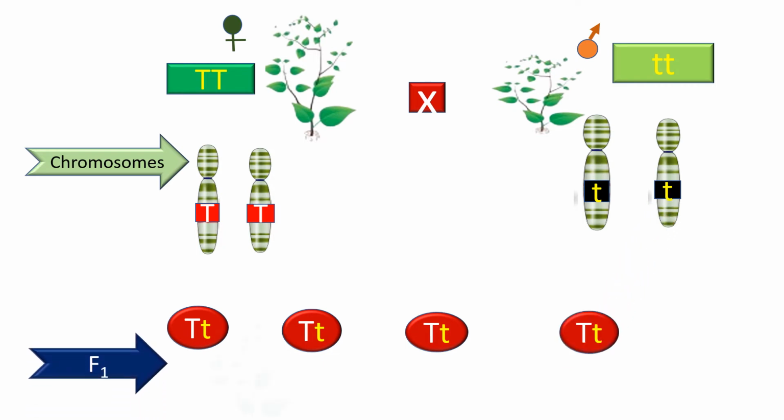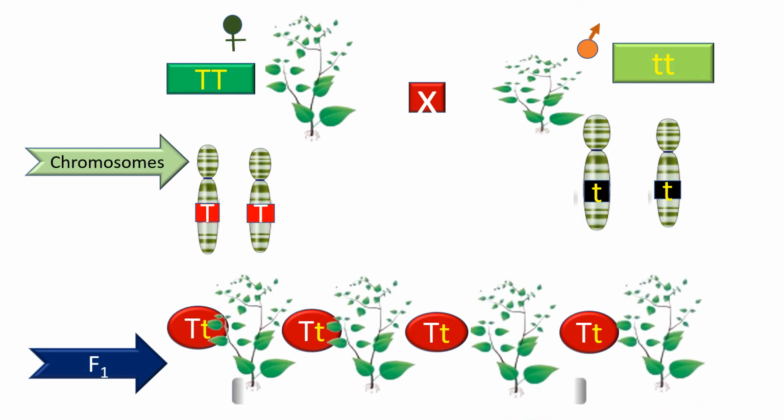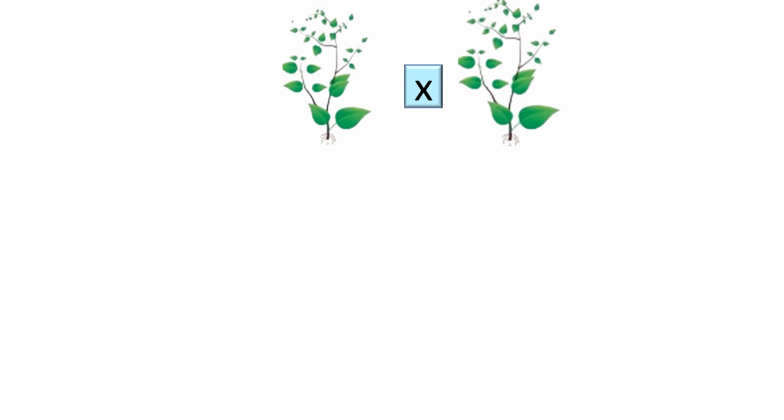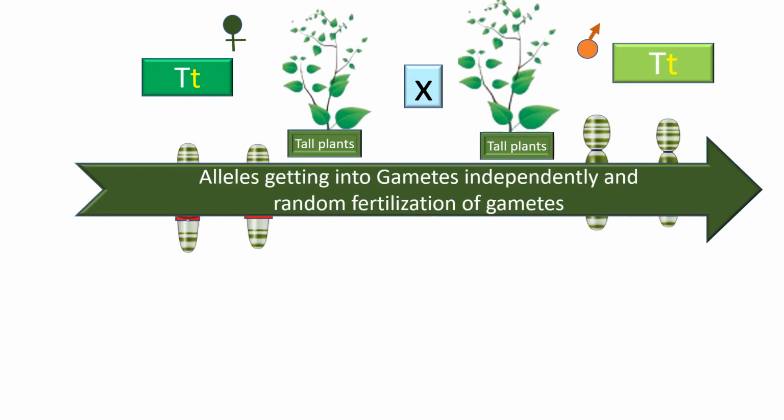F1 generation. All plants of the F1 generation were tall plants, and all the plants were heterozygotes. Self-pollination of F1 plants, heterozygous tall plants. Alleles getting into gametes independently, and random fertilization of gametes.